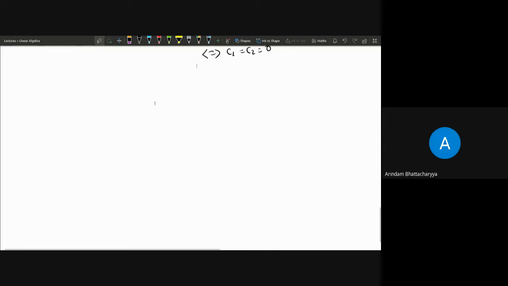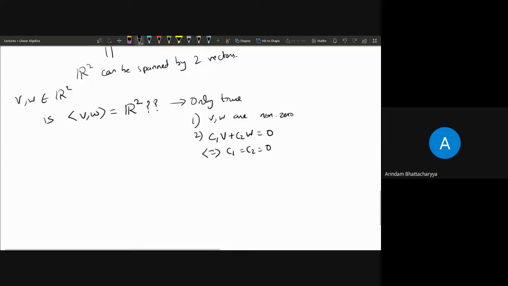So definition. I already defined the span. So okay, let me actually give an example of what goes wrong. Let's take V equal to (1, 2) and W equal to, let's say, (2, 4).